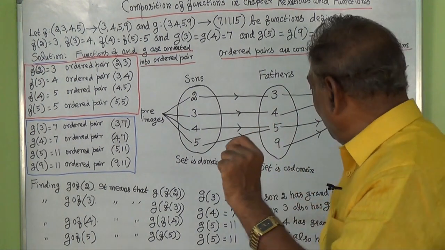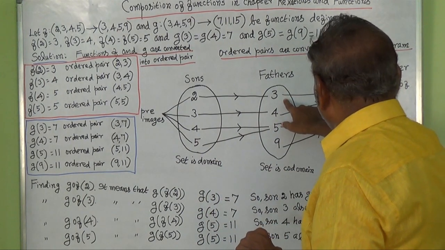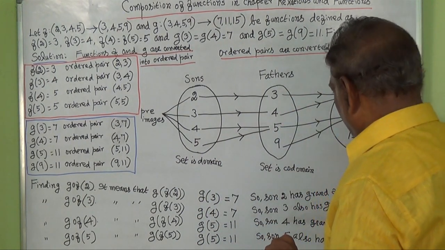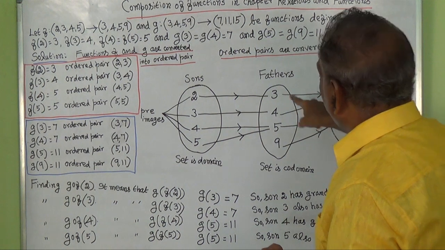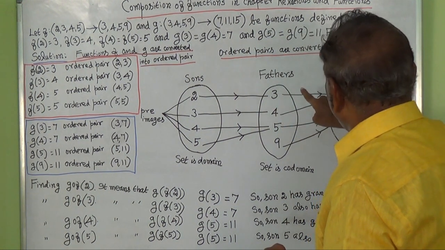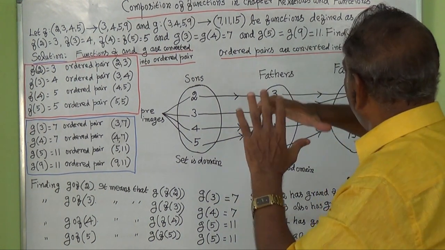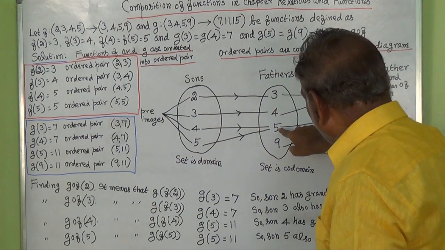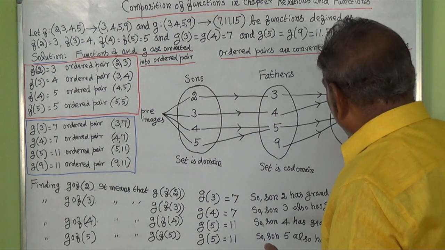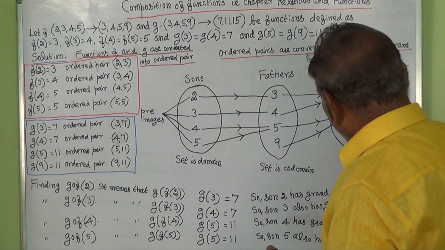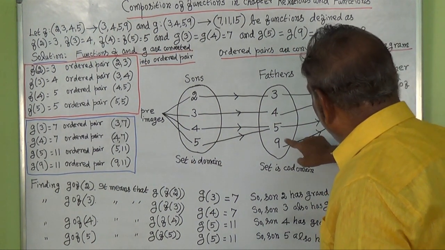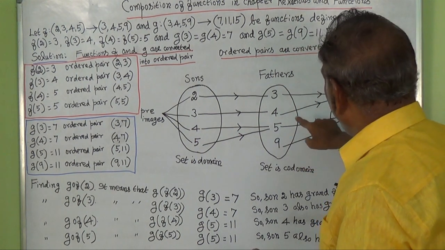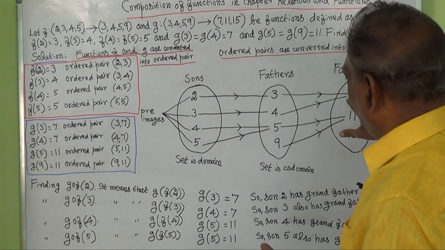The father 3 is having his father as 7, and the father 4 is having the same father 7. The father 5 is having the father's father 11. The father 9 is also having the same father 11.